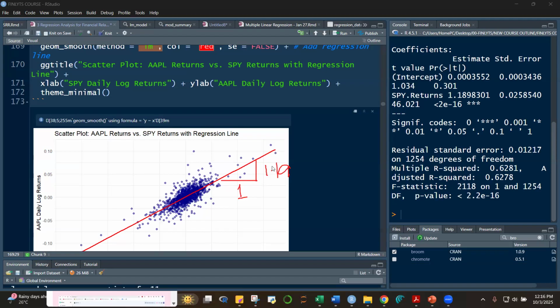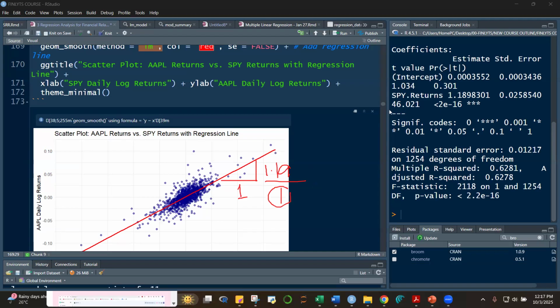Rise over the run, no? For every 1 unit increase in your X, there's a corresponding 1.19 unit increase in your Y.